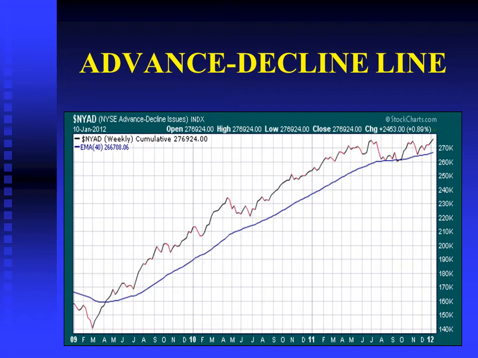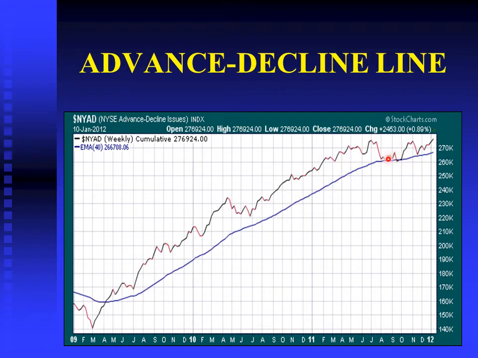I start my analysis always by looking at the advanced decline line on the New York Stock Exchange. I use the 40-week moving average that I discussed in previous presentations, and its trend tells me where the main momentum of the market is. Notice how since 2009 the advanced decline line always moved above the 40-week moving average.